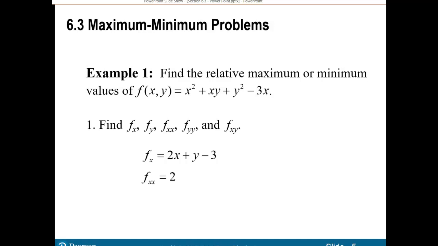Second partial with respect to x would just be 2. And then if I did that second partial with respect to y, or after having done x first, I would get 1. First derivative with respect to y would be x plus 2y.